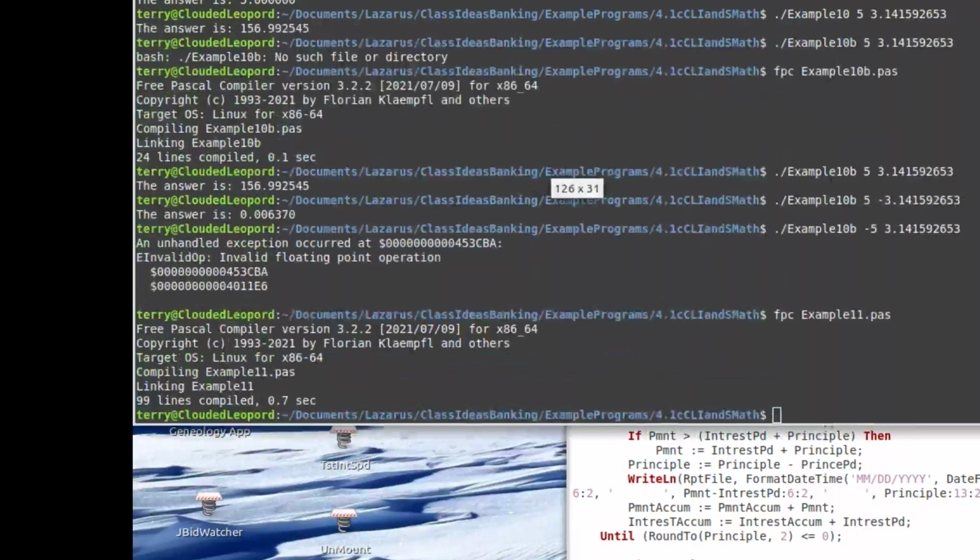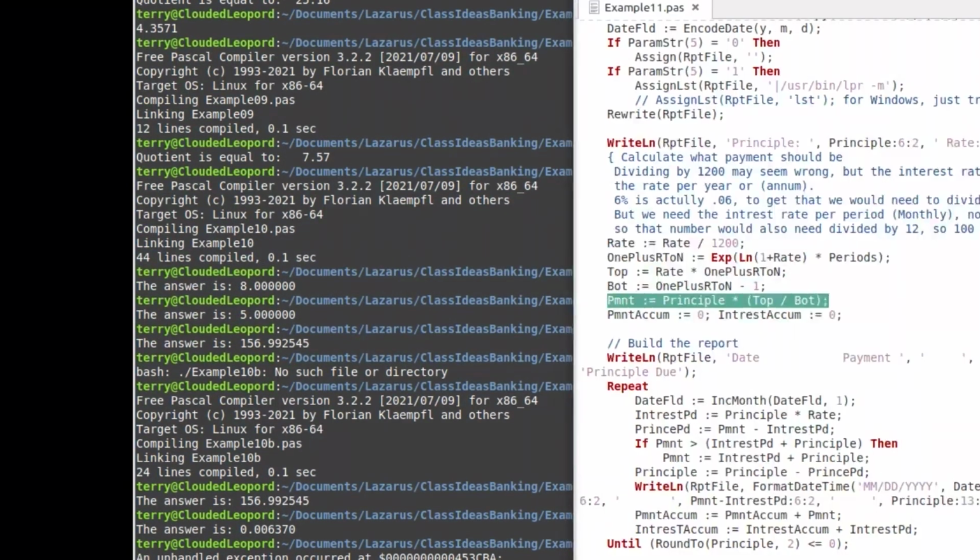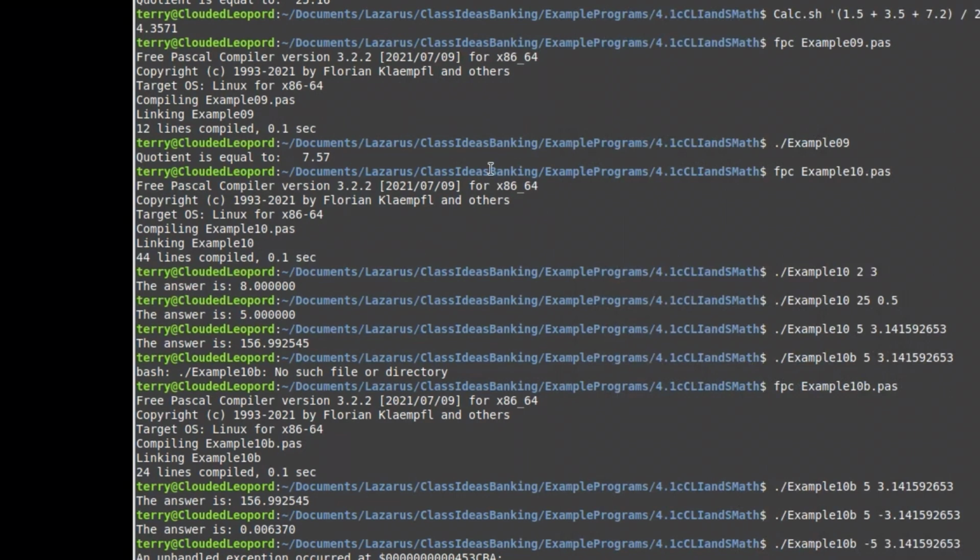And I think we need a little bigger screen here. So let's go look at what the parameters need to be.